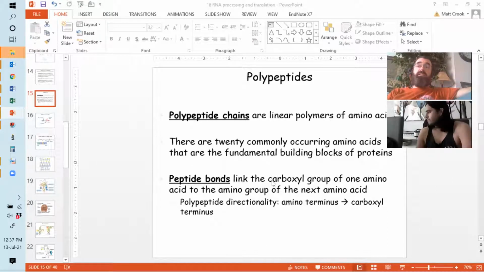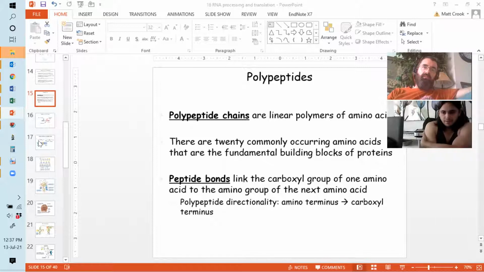Once they're included into a protein, they become peptides. There are 20 naturally commonly occurring amino acids. There are actually more which you can make synthetically, but there are 20 normal ones, and those are joined together.